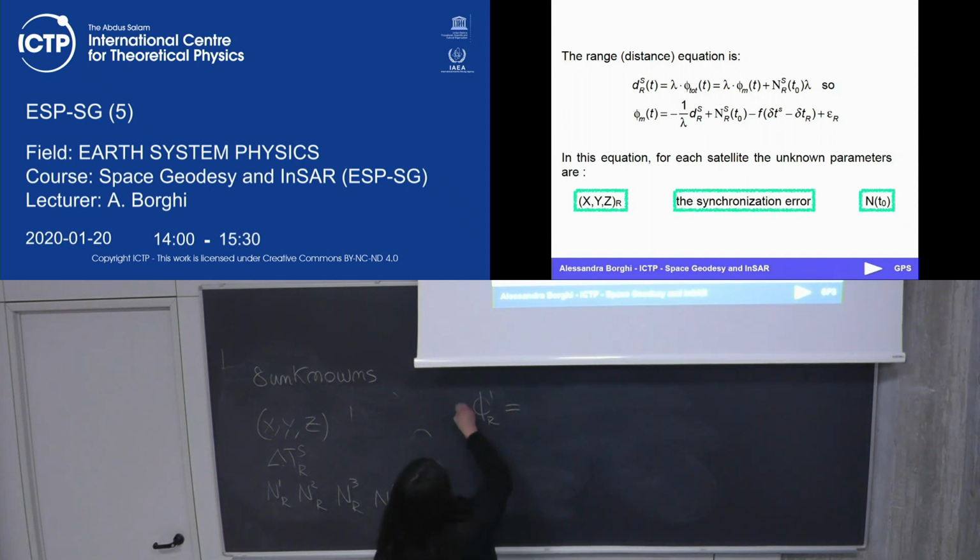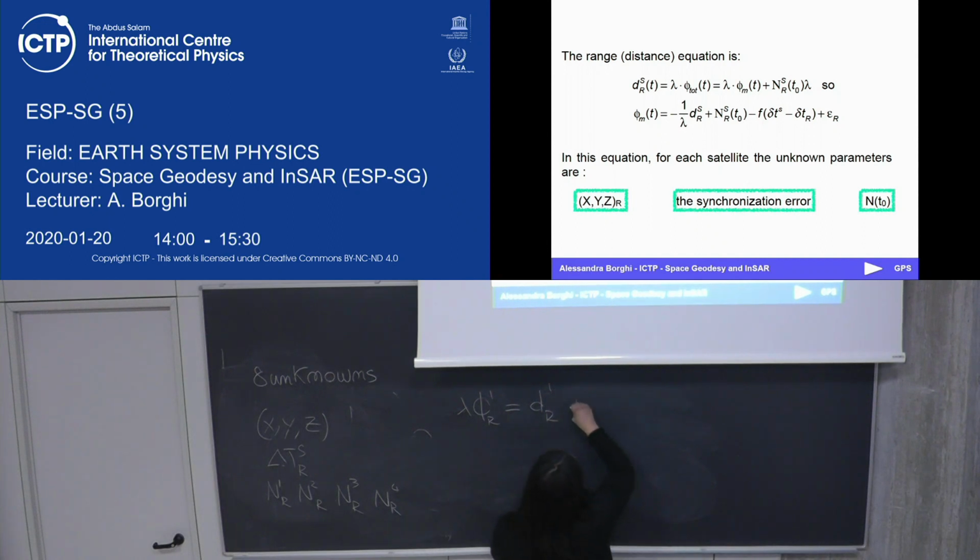Okay, I put lambda here. The distance between satellite number 1 and the receiver, plus the ambiguity between receiver and satellite 1 at time t0, plus, minus, okay.